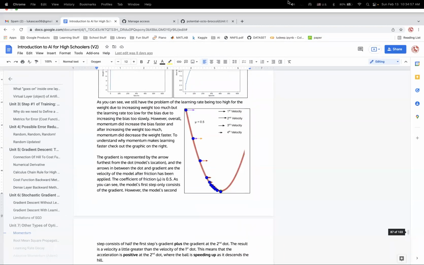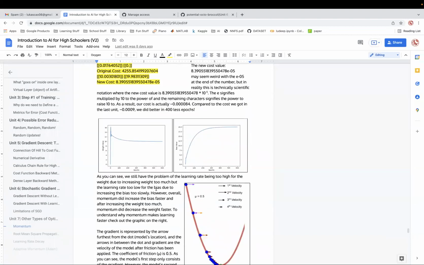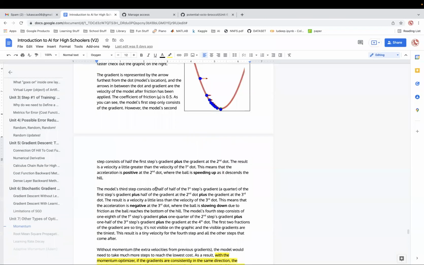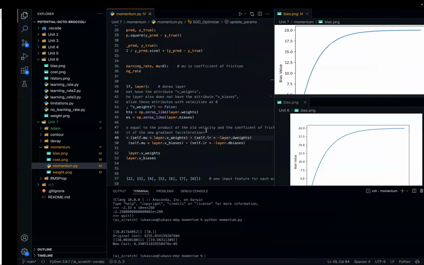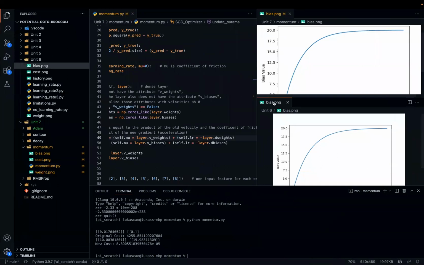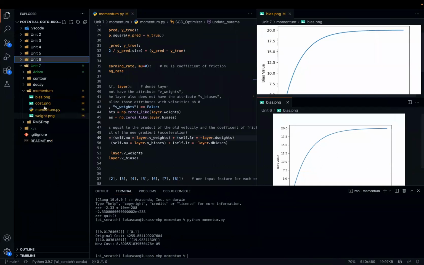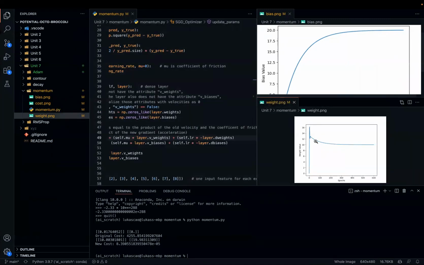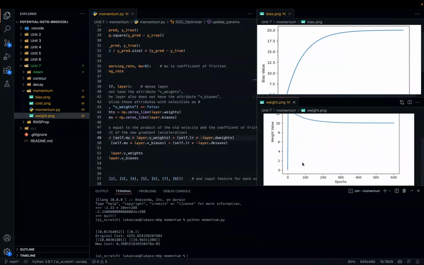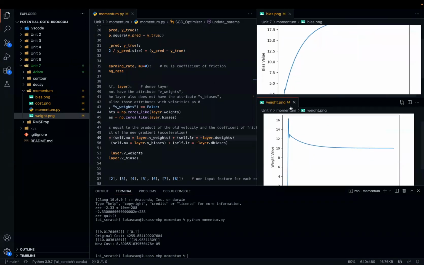And then what we're gonna do next meeting is RMS prop. So this is trying to solve the problem of, let me find it. You see how the weight increases way too much, okay? So that means the learning rate for the weight is too big.